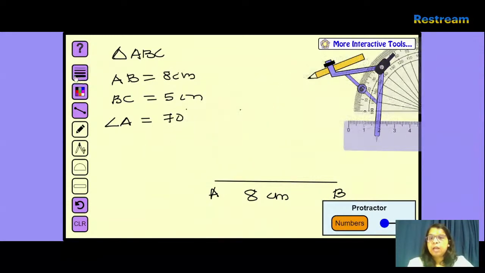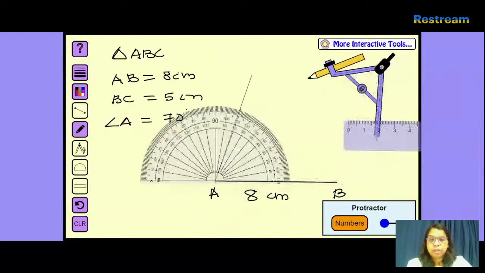Okay. And now since it is my construction line, I'm going to draw a very, very fine line through this point, because I don't know where my 5 centimeter line is going to. Okay, I will go and check the angle again. Is it 70 degrees? Slightly bigger than 70 degrees. So we have to draw it again.